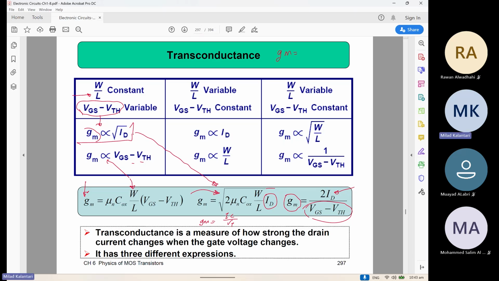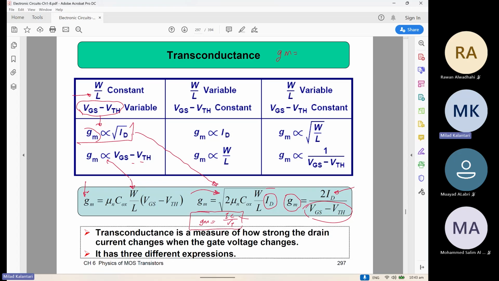So in order to double the GM, we need to increase the ID 4 times, right? Because it's a square root. But for the BJT, if you remember, the GM was like this. If you increase the current 2 times, the GM will be 2 times.